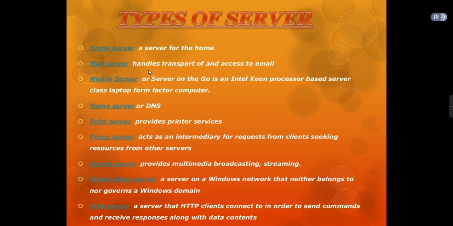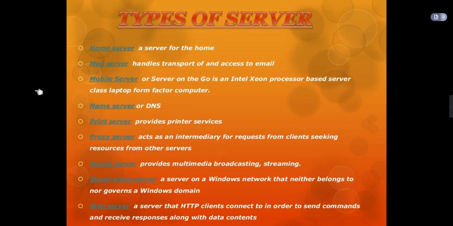Then the next one is the mail server. It handles the transport of and access to email. Then the mobile server, that is the Intel Xeon processor you use nowadays. The name server, that is the DNS. Next is the print server, which provides printer services. Then the proxy server, this is resource sharing actually.